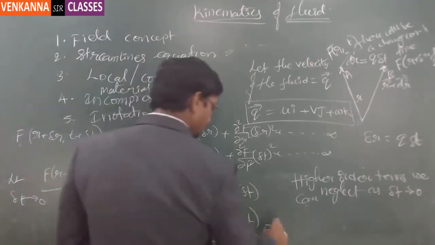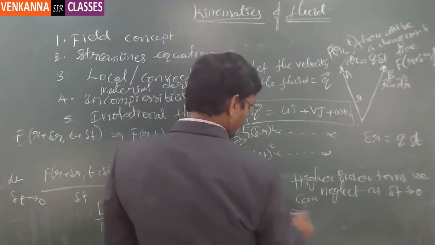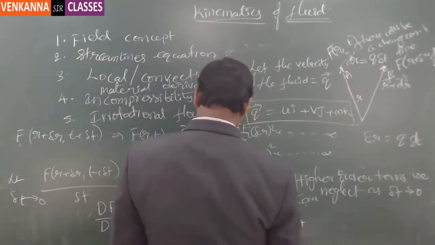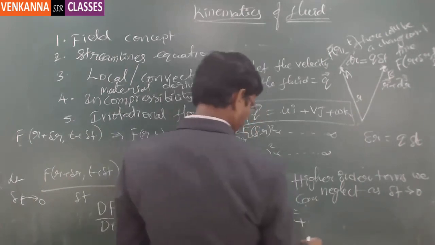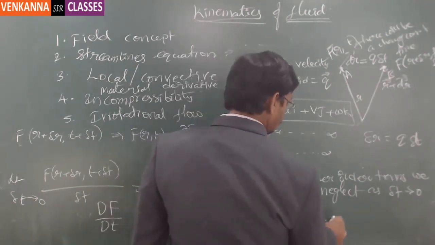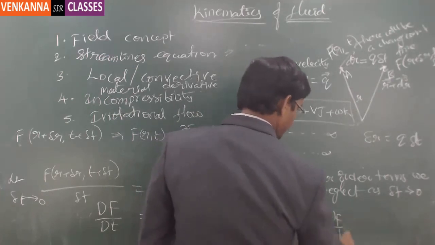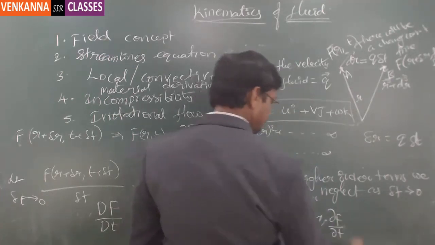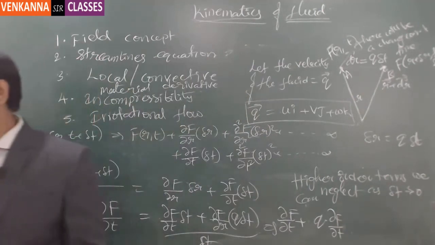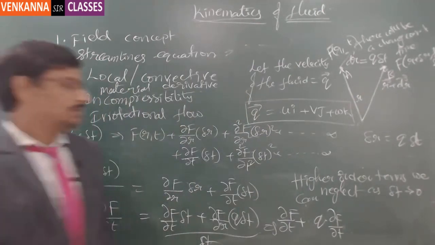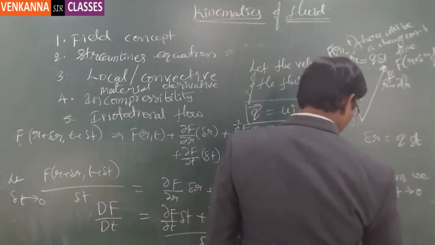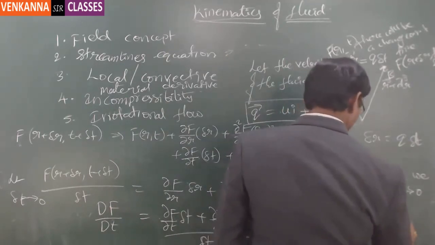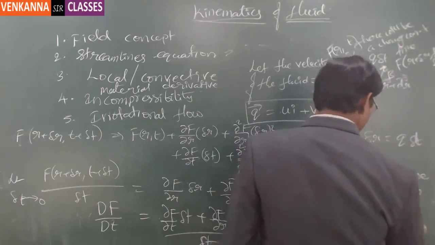Then if you cancel out this delta t, we get dou f by dou t plus q into dou f by dou r. Got it? And in short, this is written as dou by dou t plus q dot del of f.